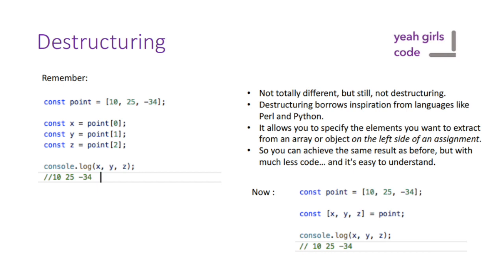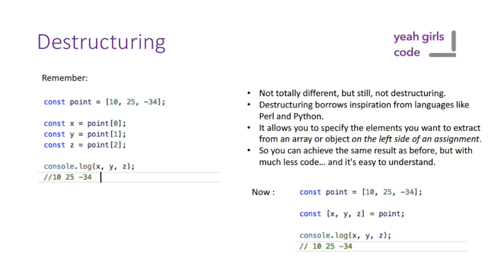And then you do console.log(x, y, z) and you have them. So it's kind of the same as destructuring, but actually it's really different. Destructuring borrows inspiration from languages like Perl and Python. It allows you to specify the elements you want to extract from an array or objects on the left side of an assignment, which is different. So you can achieve the same result as before, but with much less code, and it's really easy to understand.